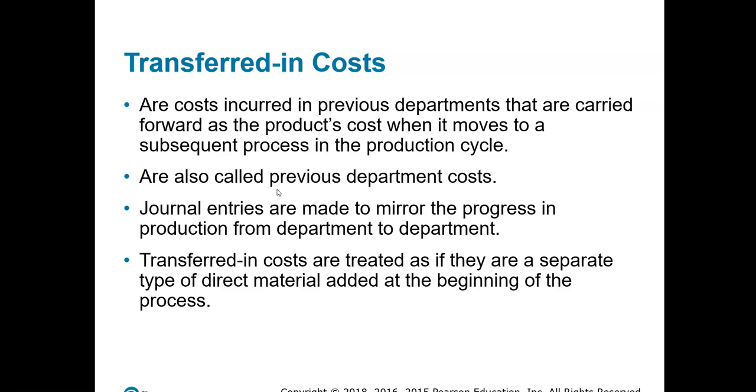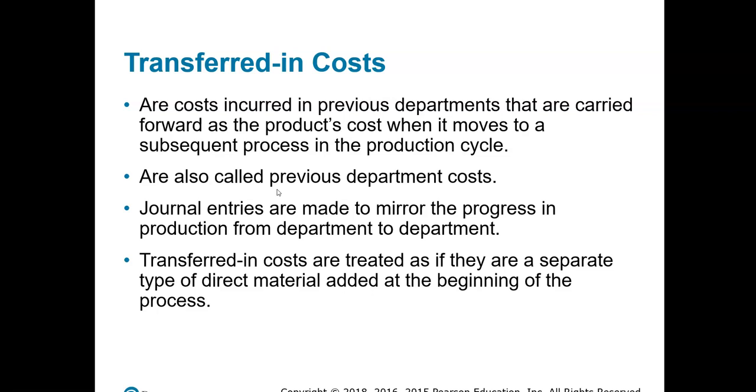Let's say we have 3 departments: Department A, Department B, and Department C. Department A is the first department. That's where things get started. Then our widgets, or our units of output, are transferred from A to Department B. And once Department B is done with them, they're transferred to Department C.